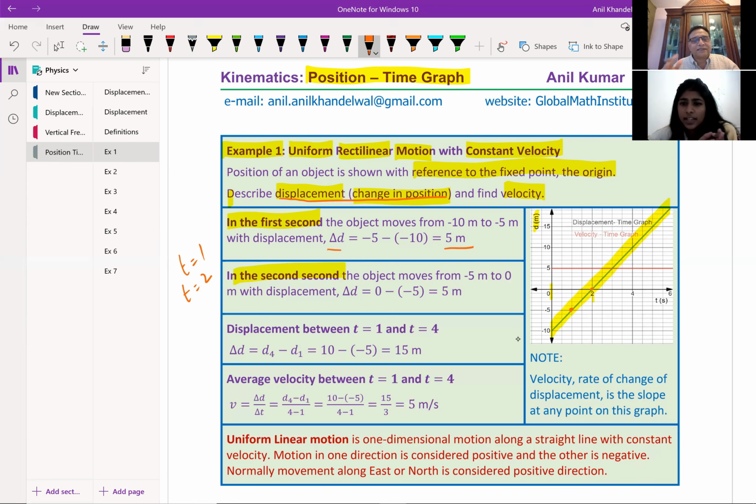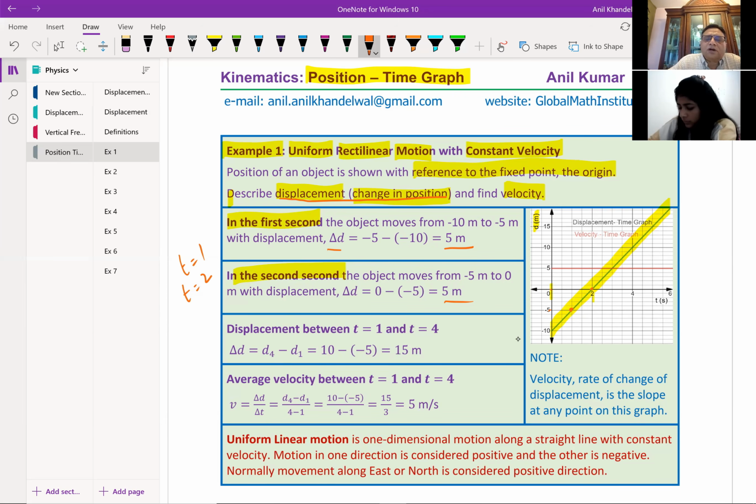So the first second is from 0 to 1. Very important to understand, because in word problems they use these terms and it becomes very confusing for students to understand. So at both the times, we will directly read the position, which is minus 5 and 0. Taking their difference, we get displacement again as 5 meters.